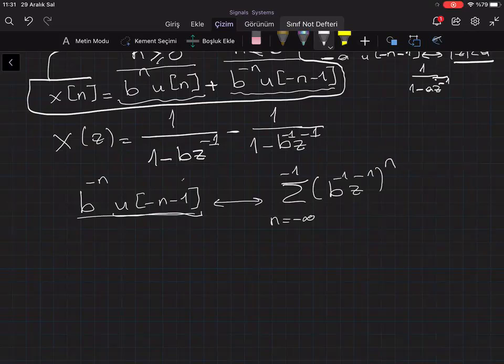So this part is gone. Then I will have this one, b to the power minus 1, z to the minus 1, like that, right? So what is my next move? And from 1 to infinity. Minus n.